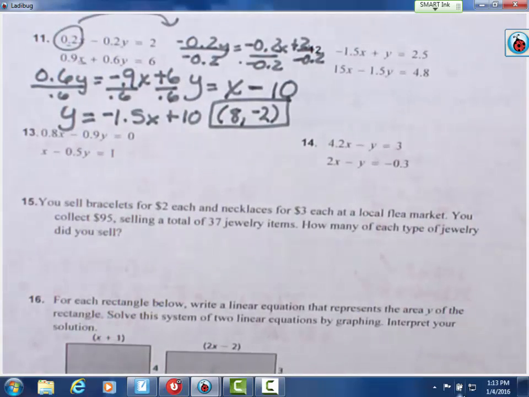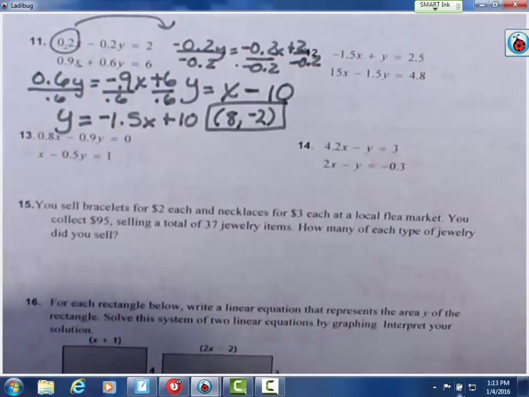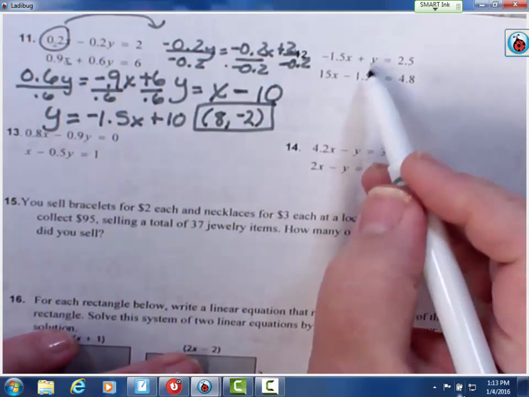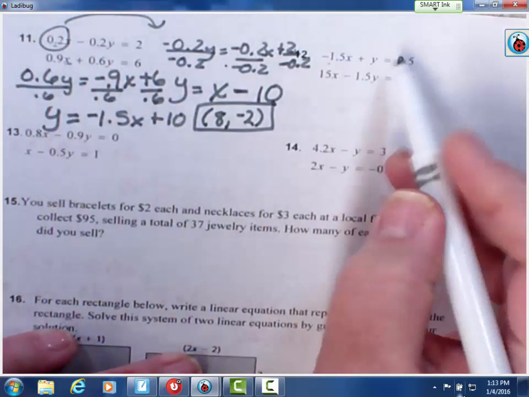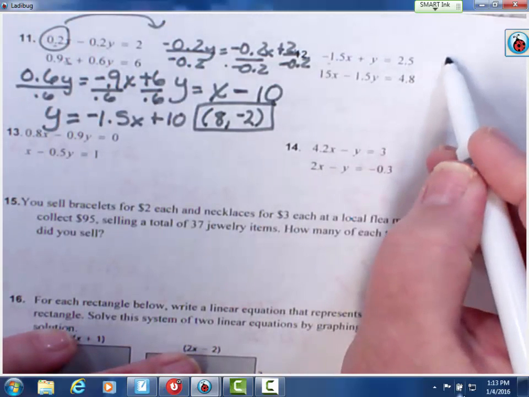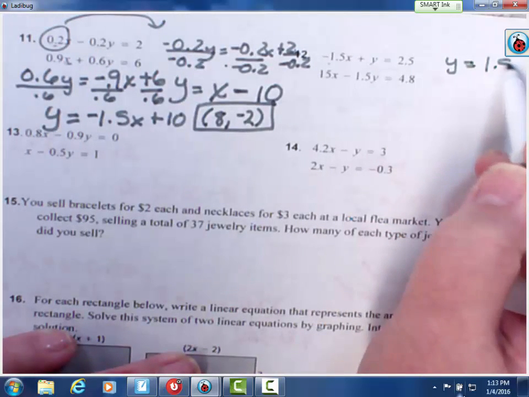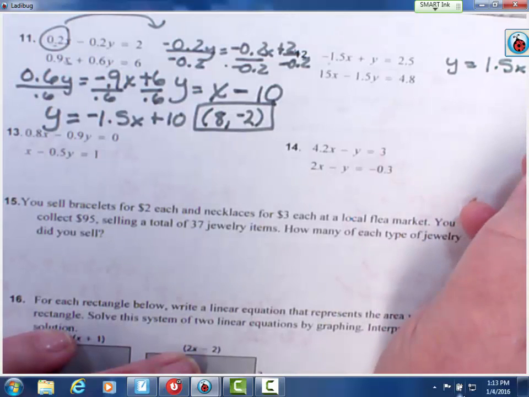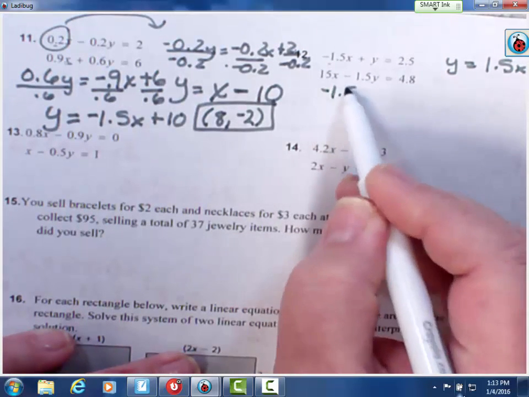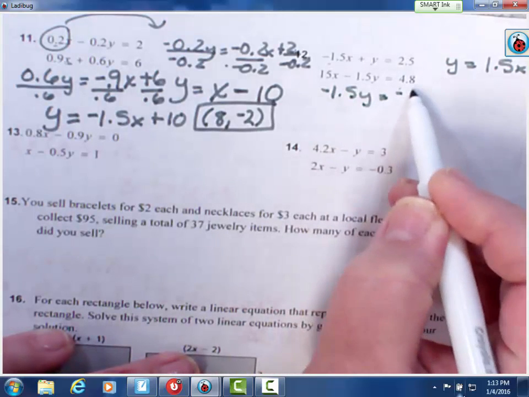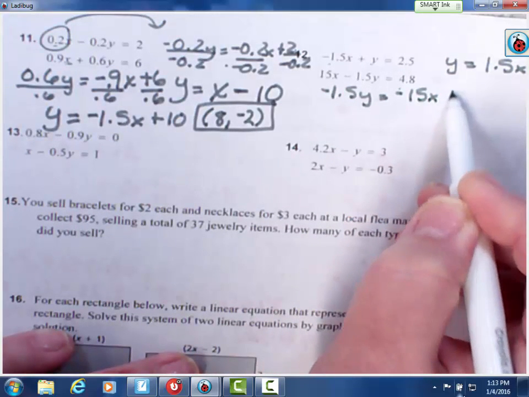All right, so we will continue on. Going to solve for y. This time, y is by itself except for this -1.5x, so that means we're going to have y equals 1.5x plus 2.5. And then here, we're going to have -1.5y equals -15x plus 4.8.